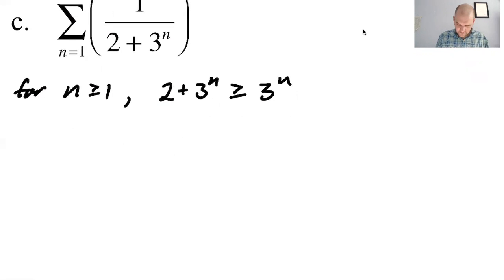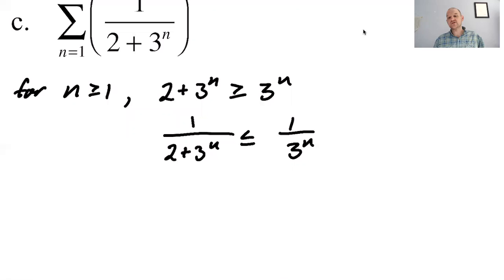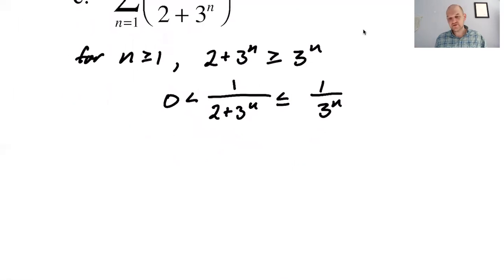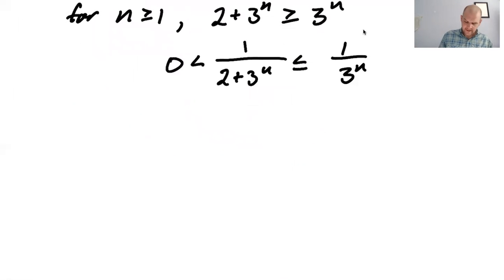And it only works if it works. So this is the key step: do you get the relationship you were hoping for? Which we do, because we know that the sum of 1 over 3 to the n converges, geometric, r equals 1/3. Therefore, the smaller series, which is also greater than 0, must also converge.